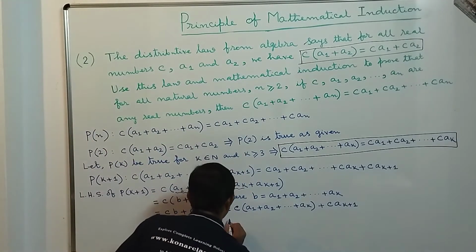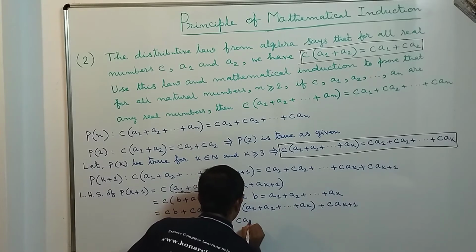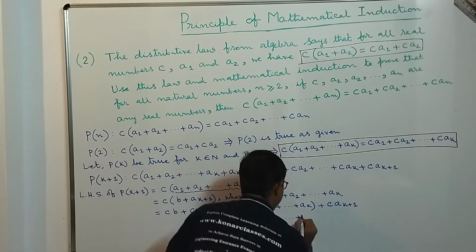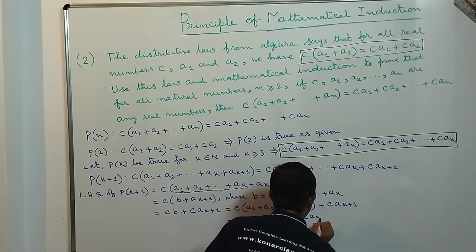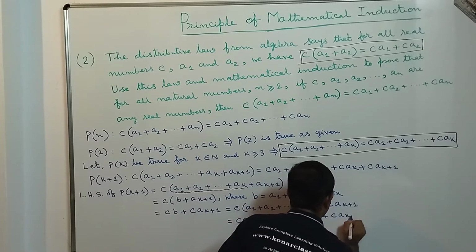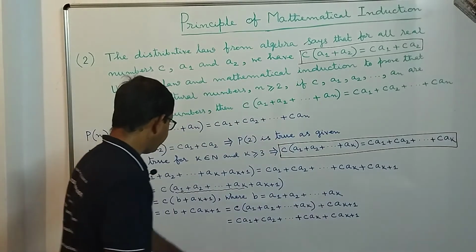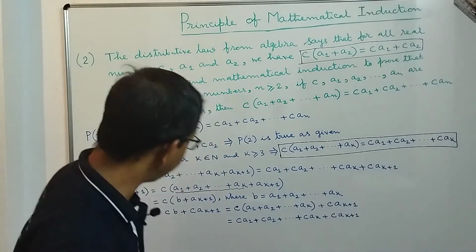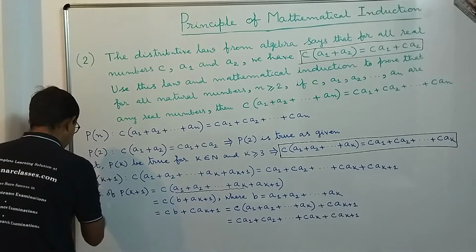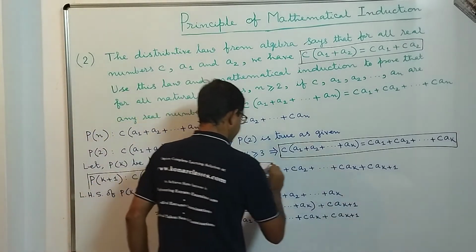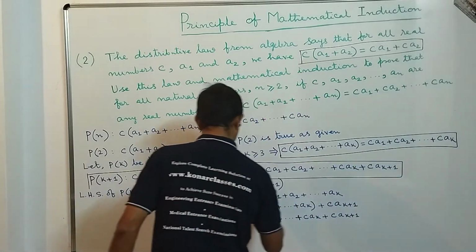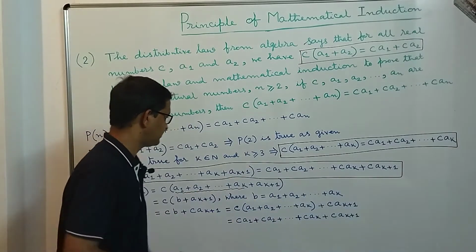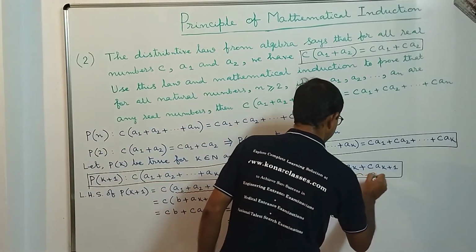So we can write CA1 plus CA2 plus ... up to CAk plus C A k plus 1, and that is nothing but the right hand side of Pk plus 1. This is the right hand side of Pk plus 1.